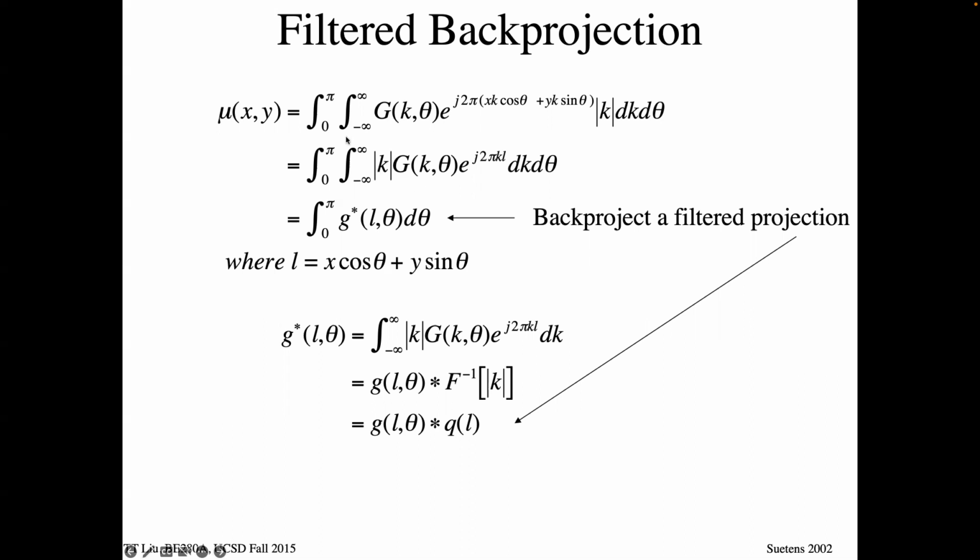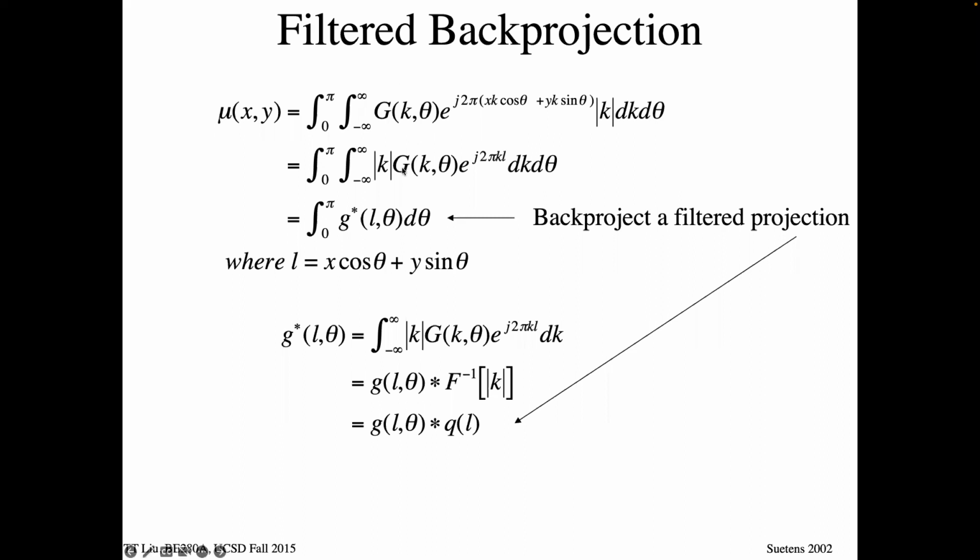So if this k wasn't here, that's just the inverse Fourier transform of that G(k, theta) that I obtained by taking the Fourier transform of g(l, theta). When I Fourier transform this object with this k here, I get a new function g asterisk of l, theta. And then when I add all of those up over theta, I actually get the right image. So it was this k term that was missing from our naive back projection before.